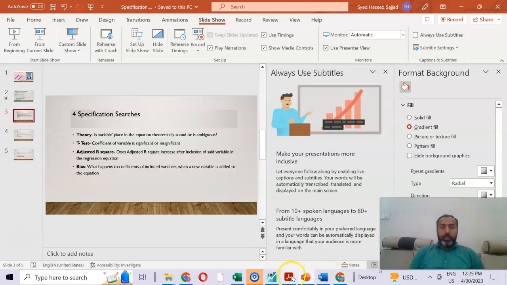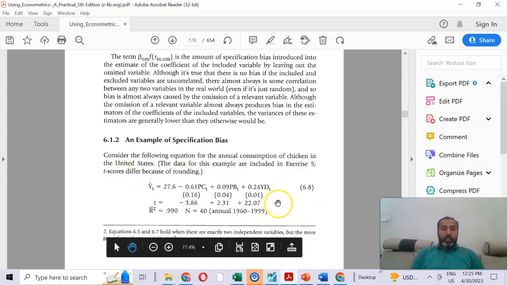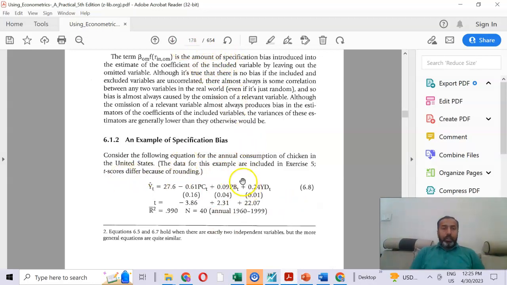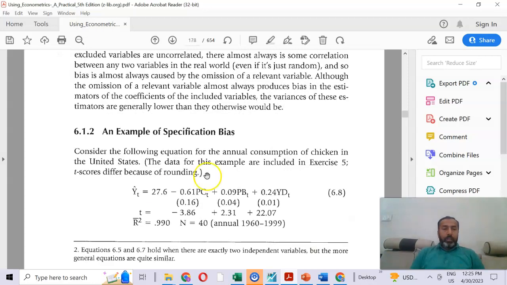Now here you see this is an example of specification biasness. So here we have dependent variable y and then we have three independent variables. PC is price of chicken, PB is price of beef, and YD is disposable income.